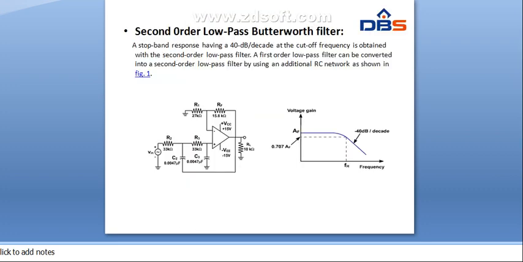In the second order low pass filter, it is a second order low pass Butterworth filter. So a stop band response having minus 40 decibels per decade at the cutoff frequency is obtained with the second order low pass filter.